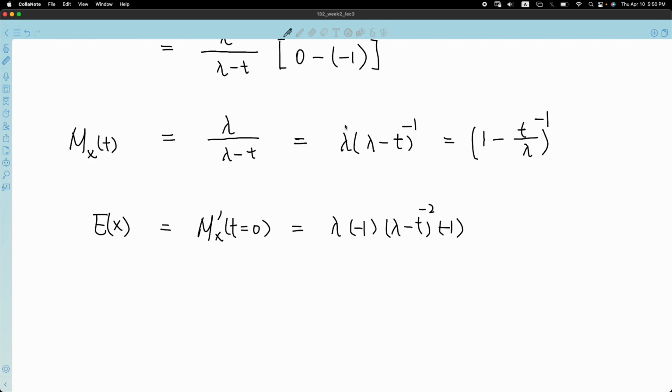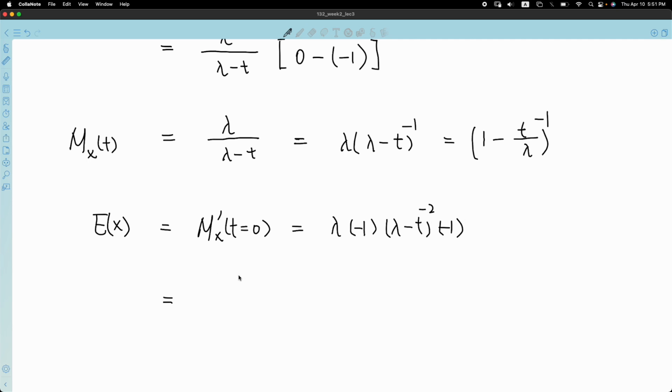So I'm using the second expression because I think it's easier to take the derivative. And then I claim that this is the first order derivative with respect to t. Do you agree with that? Okay, so now let's simplify that. The -1 and -1 cancel out.